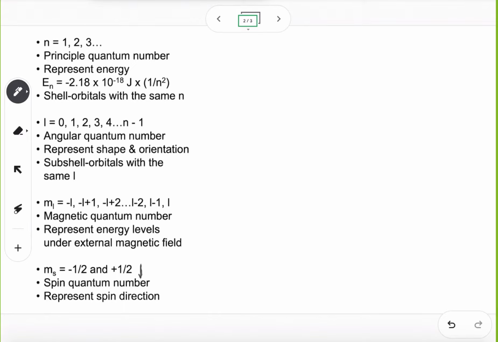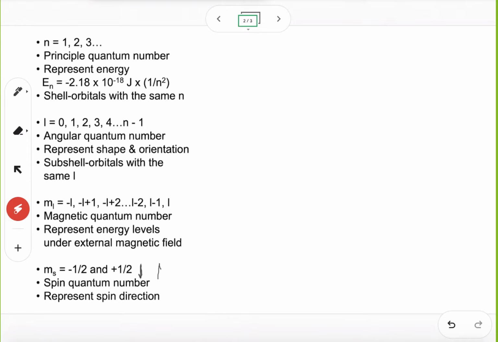If you have positive half, the spin direction is pointing up. It might be a little bit confusing right now, but don't worry too much about that, because later on, when we study electronic configuration of multi-electron atoms, we will use this. We will take a closer look at those different spin directions.